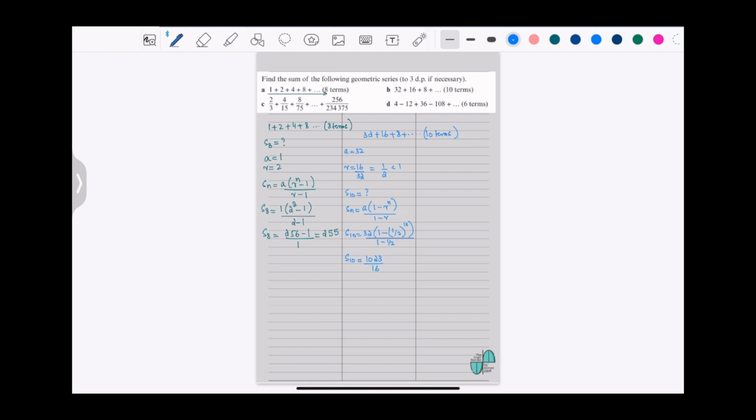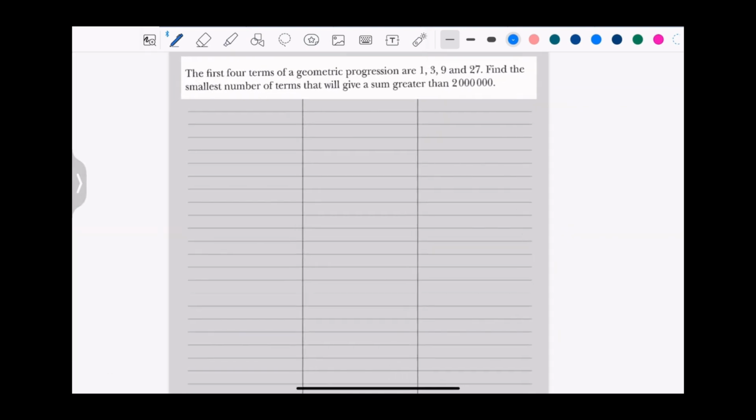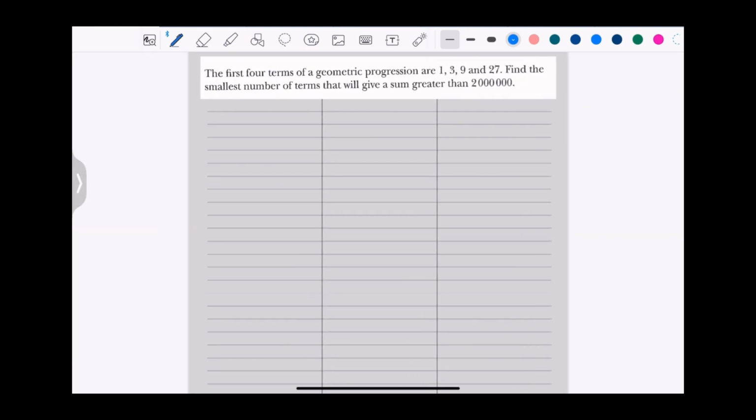So looking at a question now, here, the first four terms of a GP are 1, 3, 9, and 27. Find the smallest number of terms that will give a sum greater than this number.